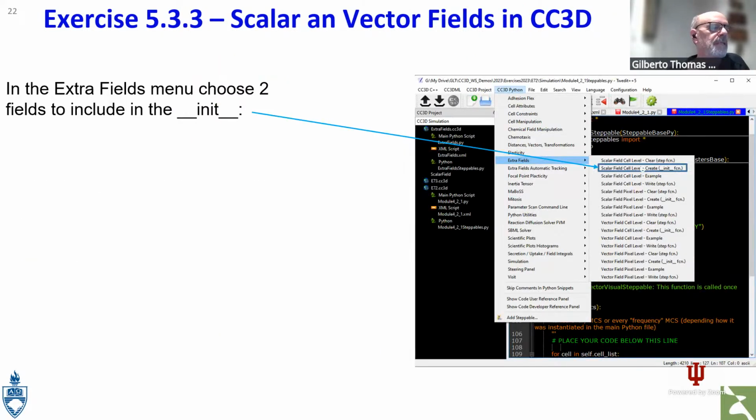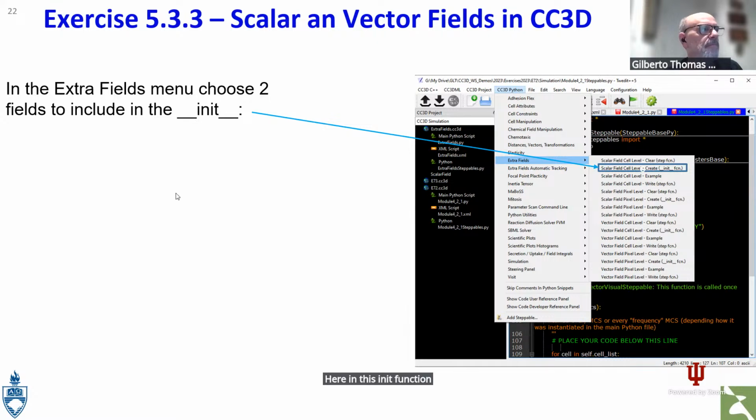I give you the code already done, ready to run. But if I started from the beginning, I would do it this way. Again, from the drop-down menu, I would create the initial field here in this init function.